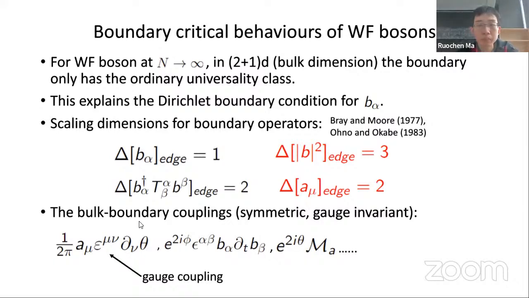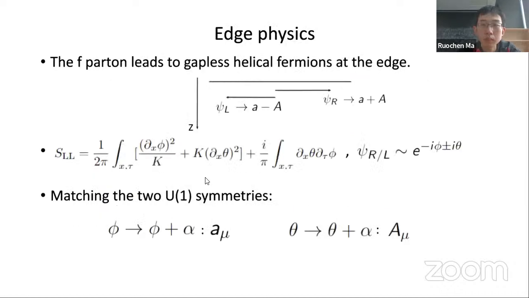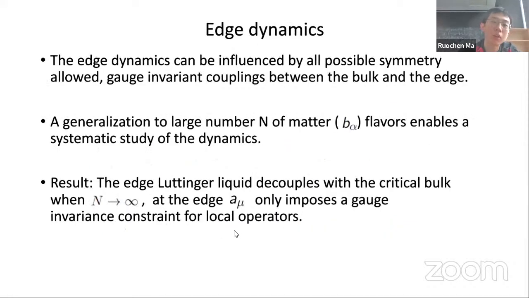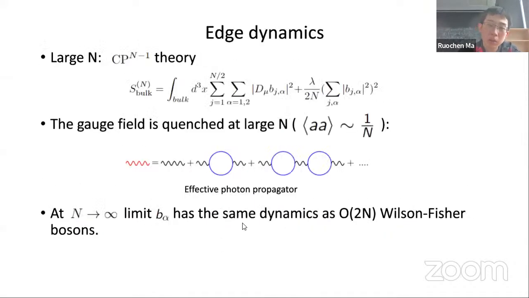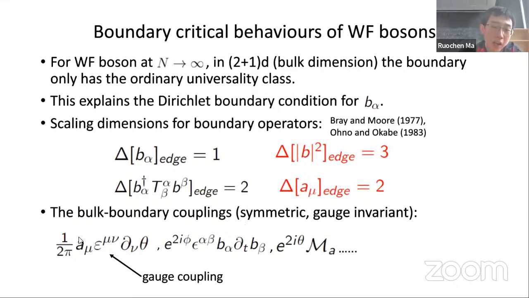So as I said, the shift symmetry of this boson or the winding symmetry of the dual theta boson is coupled to this U(1) dynamical gauge field. So the gauge coupling at the edge is something like this. The A mu field is coupled to the winding current of the theta boson.